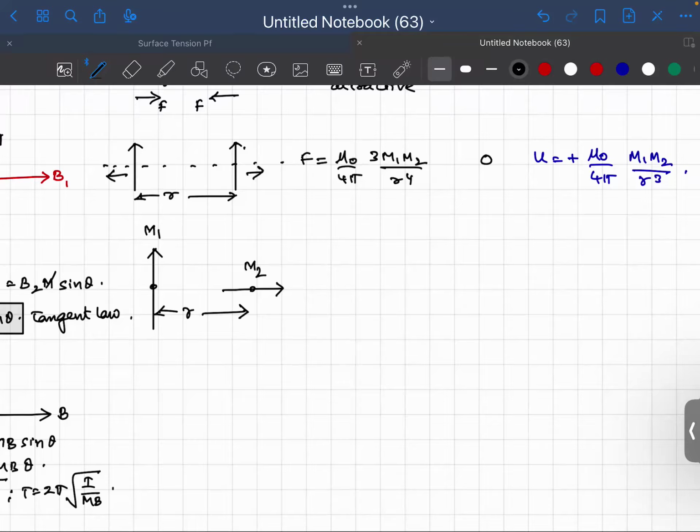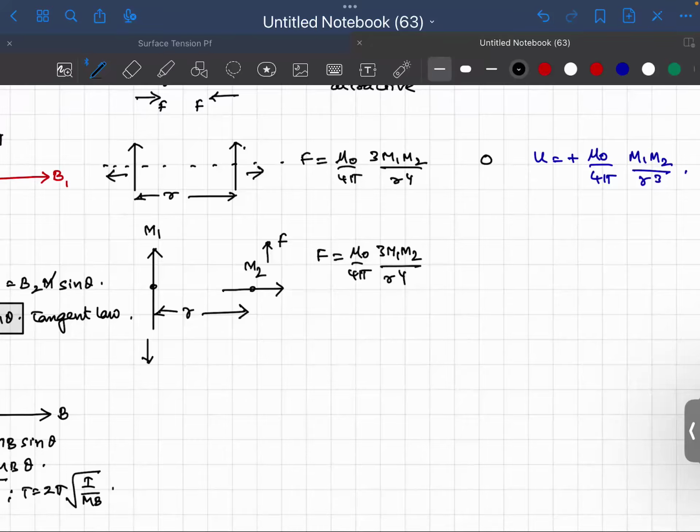Depending upon the orientation, in this case, the leftward dipole will experience a downward force, and the rightward dipole will experience an upward force. Fine. The magnitude of force is the same as the previous case, mu naught by 4 pi, 3 m1 m2 by r power 4.